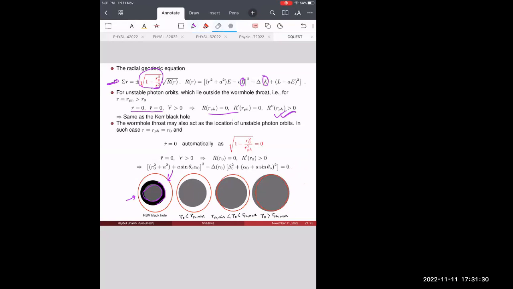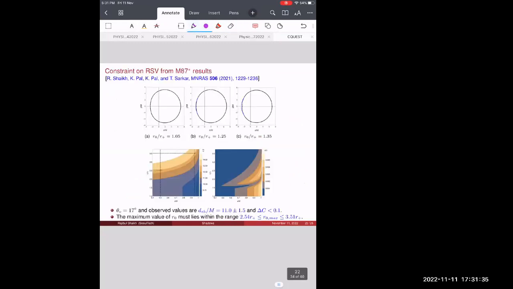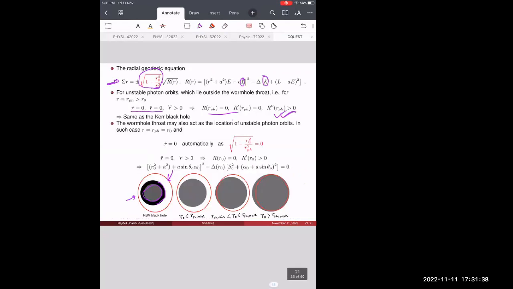So we see that when R naught is less than R_PH min, the shadow is the same as the Kerr black hole, but when R naught is greater than R_PH min, the shadow deviates from the Kerr black hole. The red one is the Kerr black hole, but for the RSB metric it will be this red part plus this throat part. Therefore we say that there is a critical value of R naught which we call R_0C, and this is R_PH min.